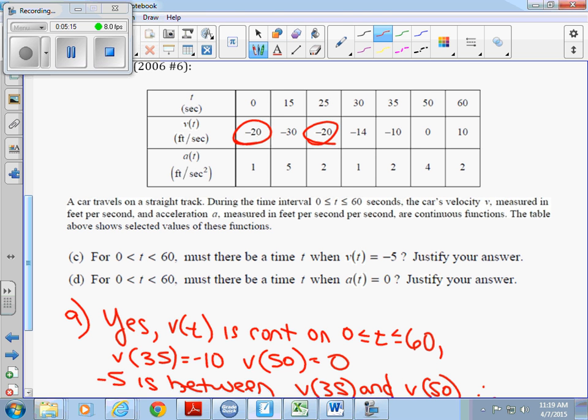What's the average slope between 0 and 25 on velocity? 0. If the average slope is 0 at some point, didn't the instantaneous slope have to be 0? So even though you can't see that on the acceleration table because we don't have enough values, could it dip below 0? Maybe. I just didn't see that part.